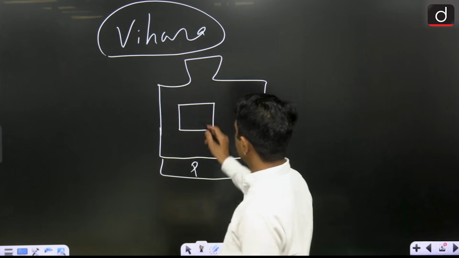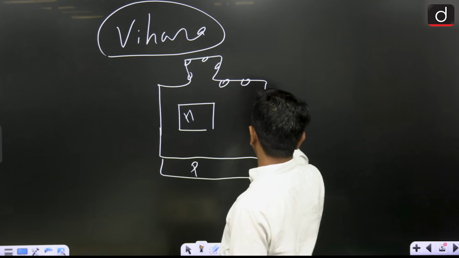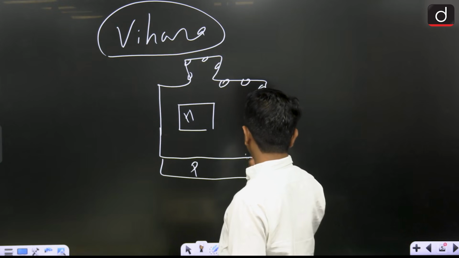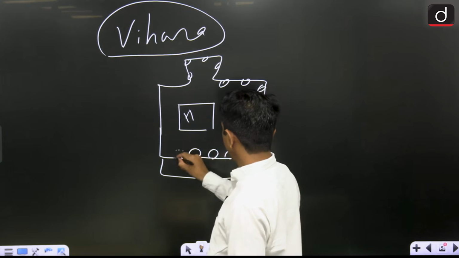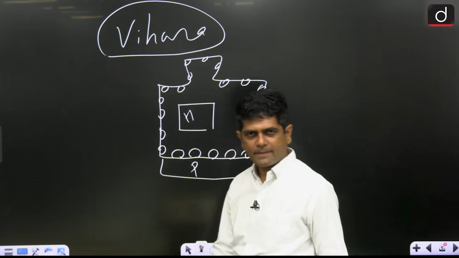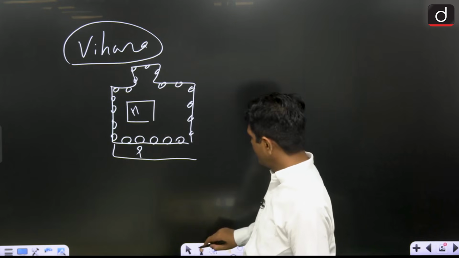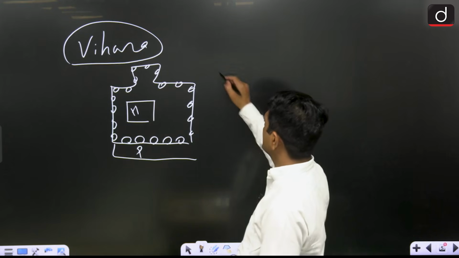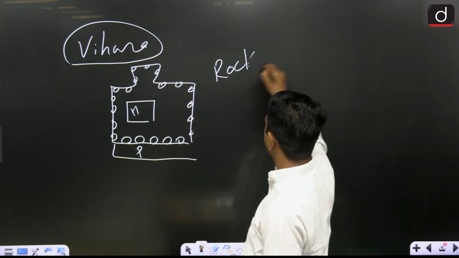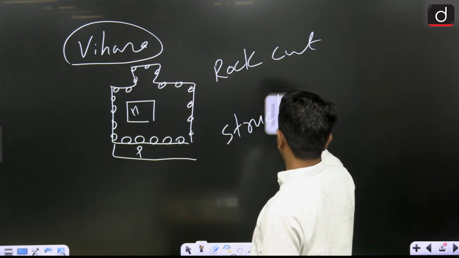This is the porch, this is the hall, and these are the small cells, small rooms you can say, for the Buddhist monks. Clear? Now the viharas are of two types. One is called rock cut and the second is structural.